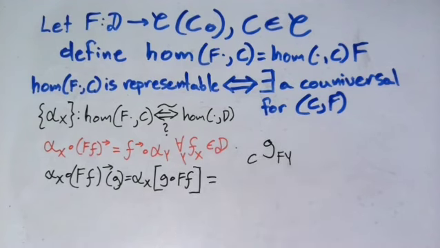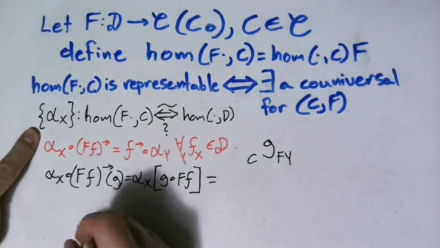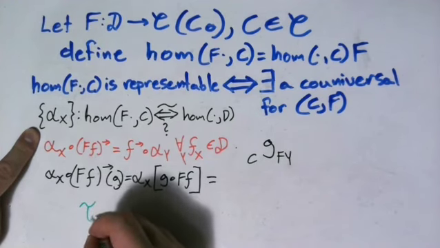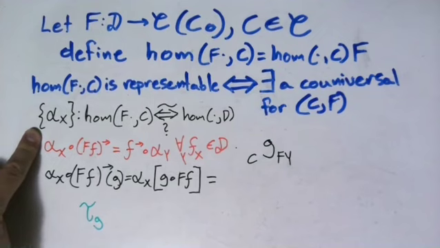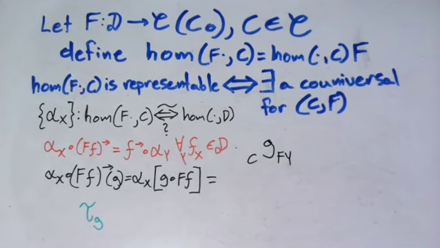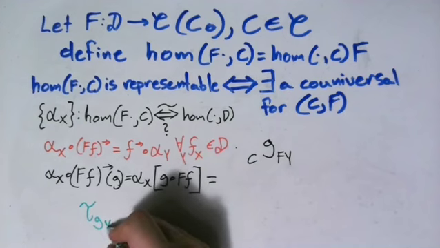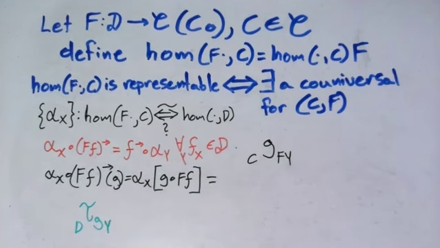And this is going to be equal to, well, let's notice something. g goes from F of y into c, which means we can map it by alpha y. So we would have some tau of g that satisfies the couniversality property. And that one would have to go from y into d in order for it to be able to satisfy our equation.